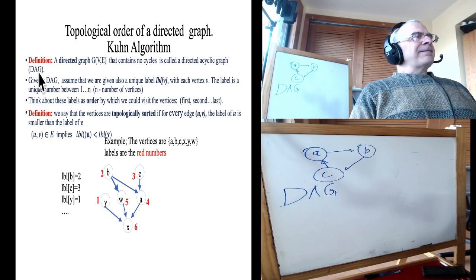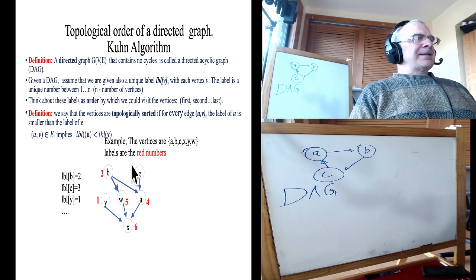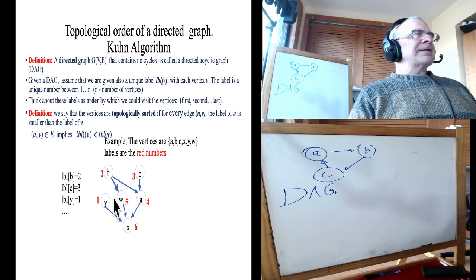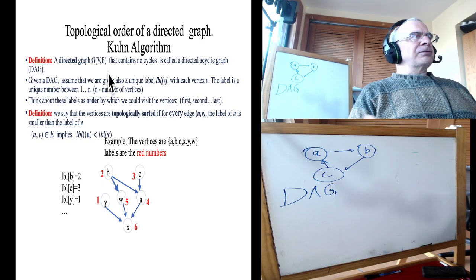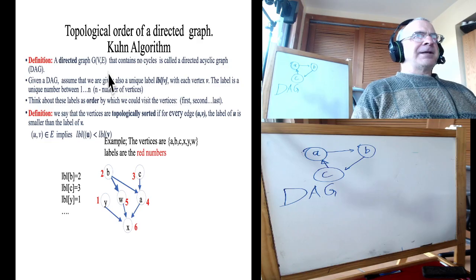So if there is a cycle in this graph, the algorithm will tell me. If there is not a cycle, the algorithm should spit out a topological order of the vertices. I don't know if you covered it in 345 or not, so to be on the safe side, it's a very easy algorithm. I'll cover it.